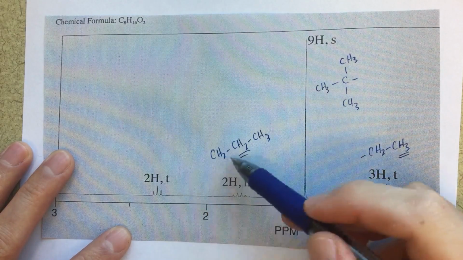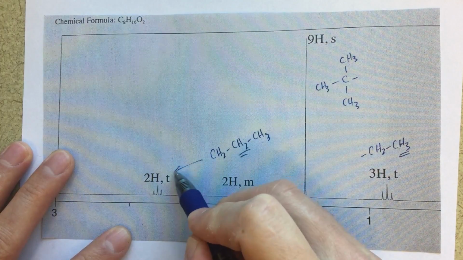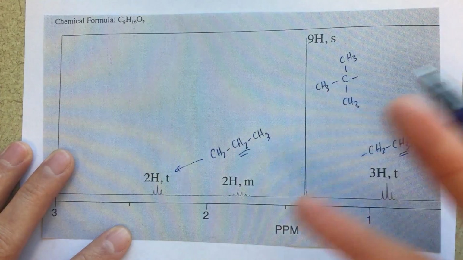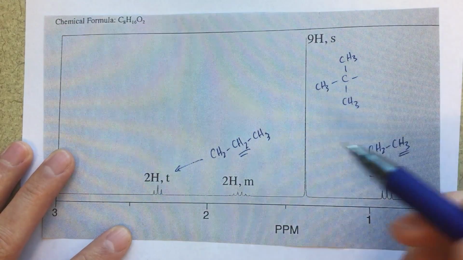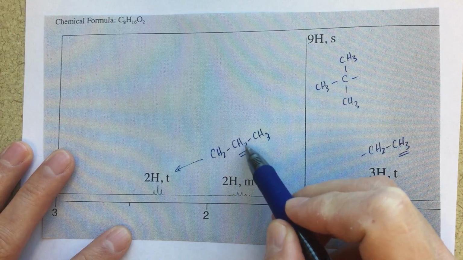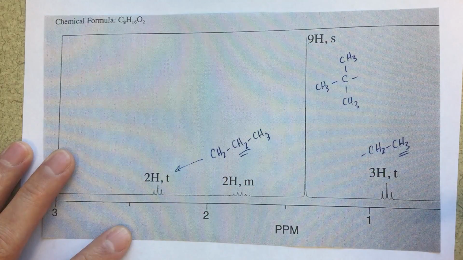And since I've chosen this as a CH2 group over here, I might think, well, does that fit with my 2-high triplet? If this is bonded to something that is not a carbon with other hydrogens, it does fit, right? Because this right here should integrate to 2, and it should be a triplet based off of my splitting from my methylene linker here. So this CH2 seems like it should be here.